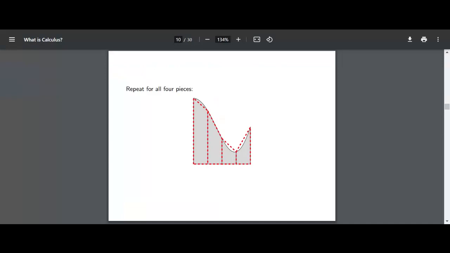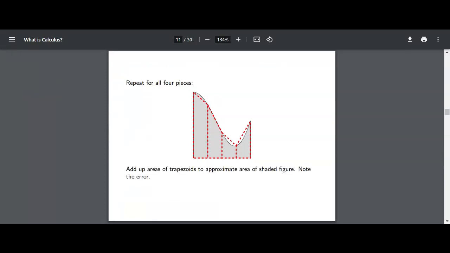So we could do the same for all four of these pieces. So approximate each piece as a trapezoid. And then we can add up the areas of the trapezoids, and that will give us an approximate area of the shaded figure. Now, notice that this is only an approximation though, so there's definitely some error.